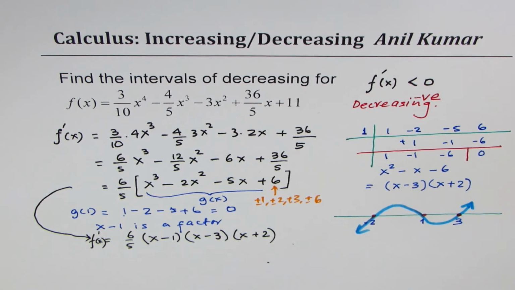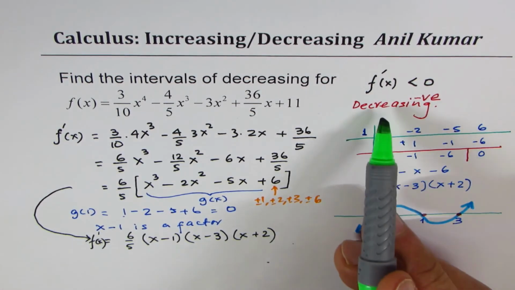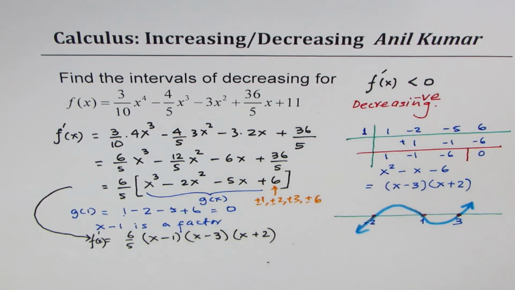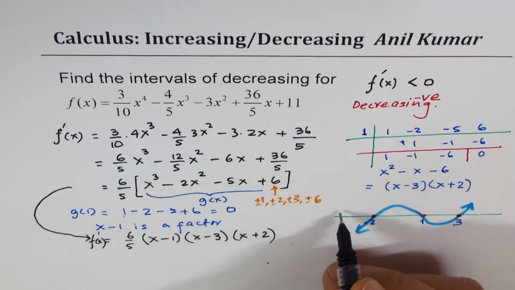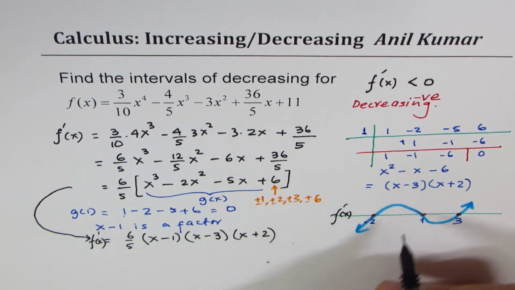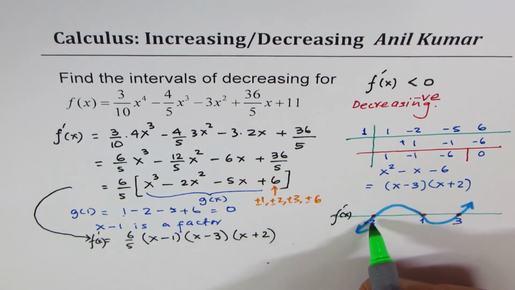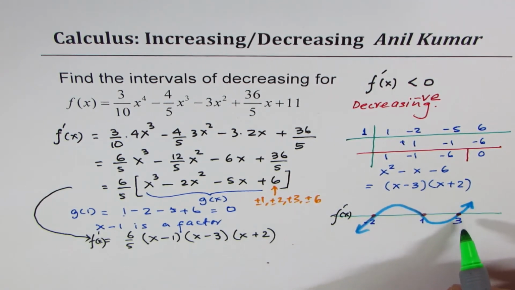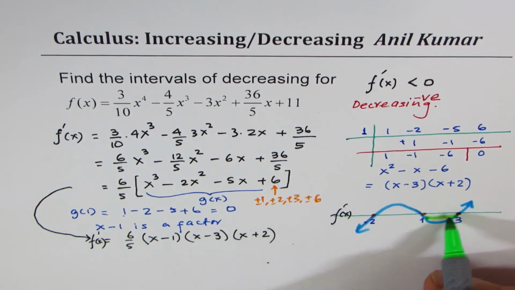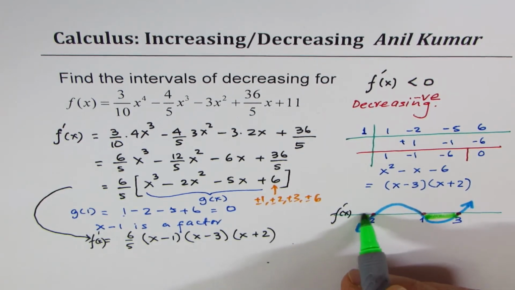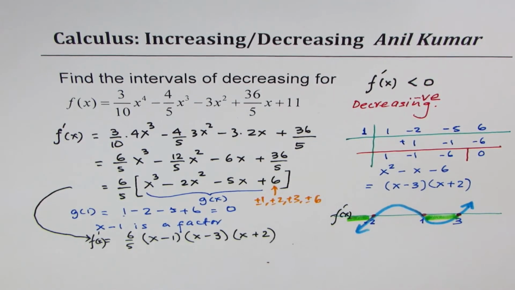You could use different methods to solve at this stage. Now what you clearly see here is when the function is decreasing. That means when is this derivative, the graph for the derivative, less than 0? So it is less than 0 between this interval, correct, and beyond this, in these two intervals.